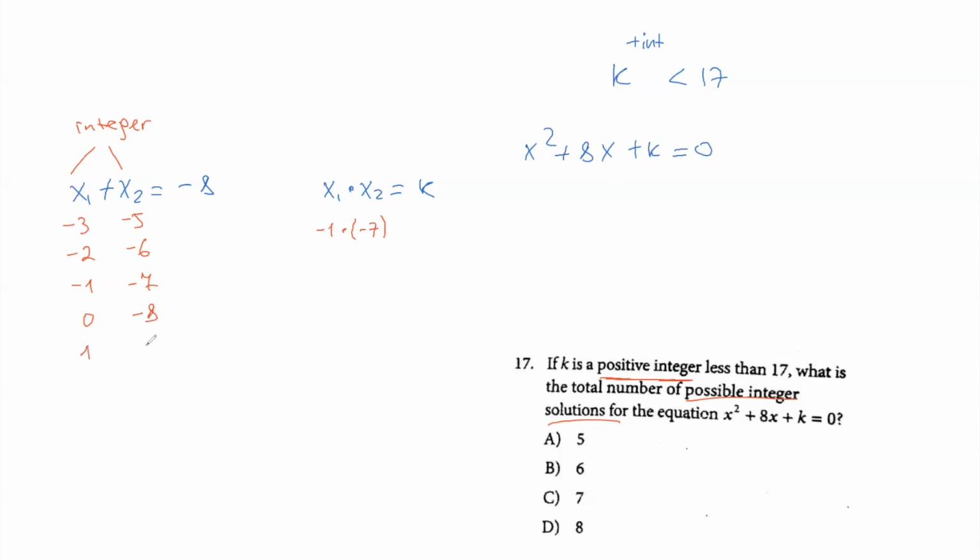When you write 1 and minus 9, the product of them is negative, not positive. So this doesn't work. We have one more, minus 4 and minus 4. So the question is, what is the total number of possible integer solutions? Let's see. 1, 2, 3, 4, 5, 6, and 7.